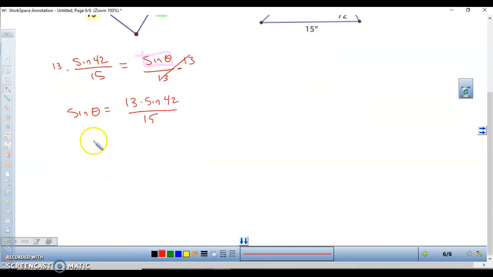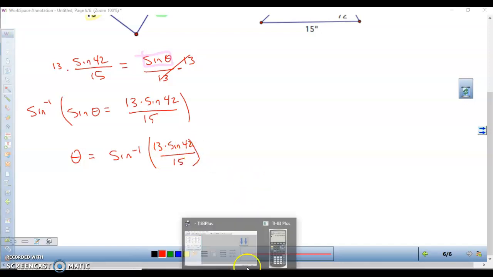And so now all I'm going to do in my calculator is inverse sine both sides, because inverse sine of sine just gives me theta. And then I'll inverse sine all of this as well. And I'm just going to do that in my calculator.